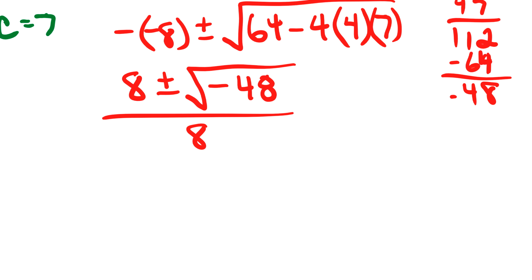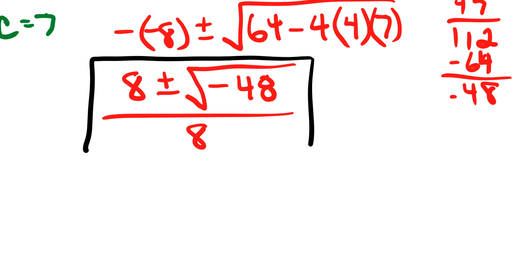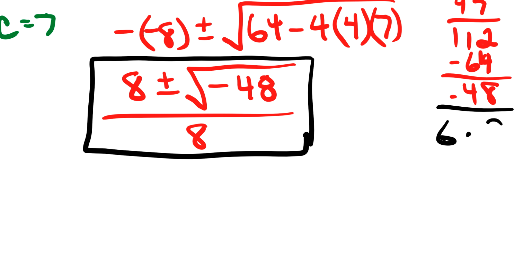Okay, this is where I'm at thus far. And let's do something with this -48. So 48 will be broken down into, how about 6 times 8? And 6 will be broken down to 3 times 2, and 8 will be 2 times 2 times 2.